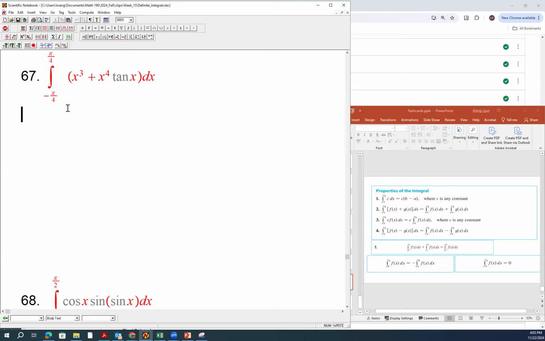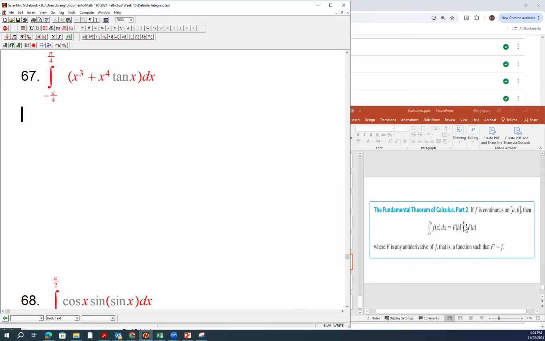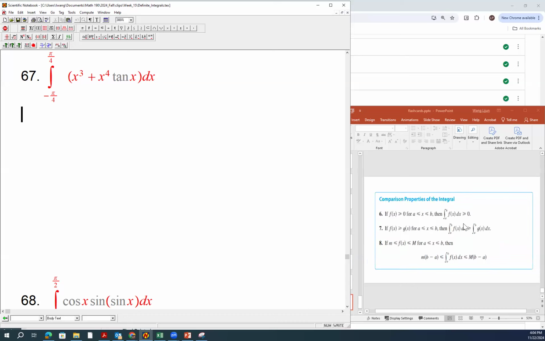The interval of integration is from negative pi over 4 to positive pi over 4. It's an interval that is centered at the origin, right? And after much effort, you will realize some of the most obvious substitutions are not going to work.